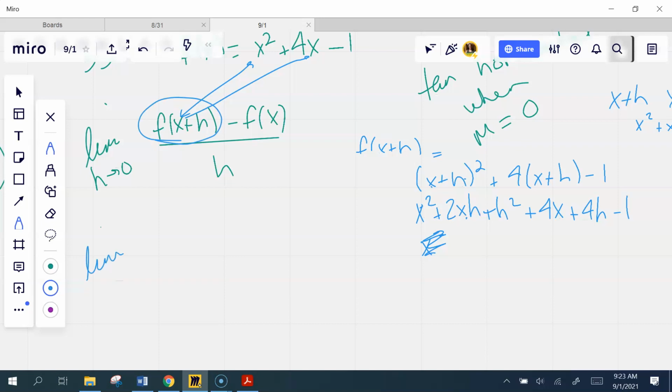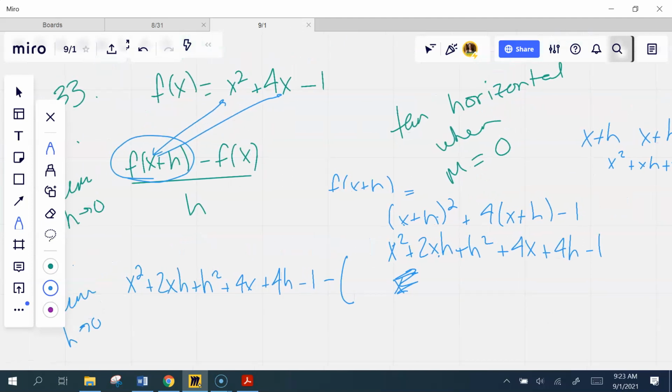So now it's the limit as h goes to 0 of x squared plus 2xh plus h squared plus 4x plus 4h minus 1 minus f of x, x squared plus 4x minus 1. This cancels.